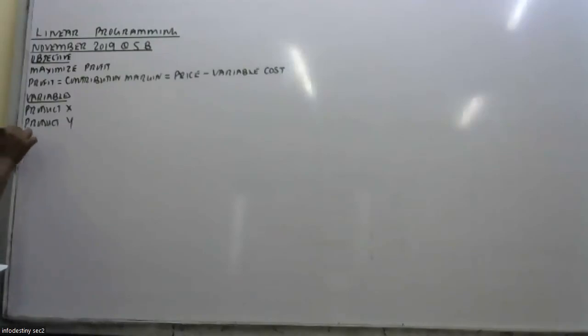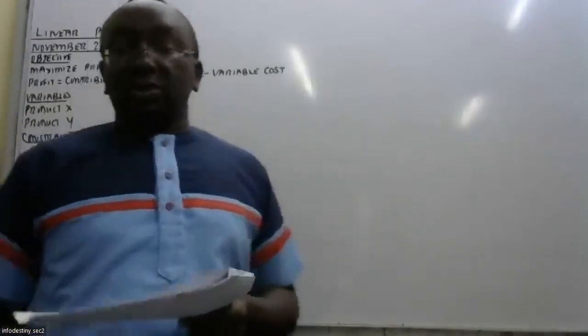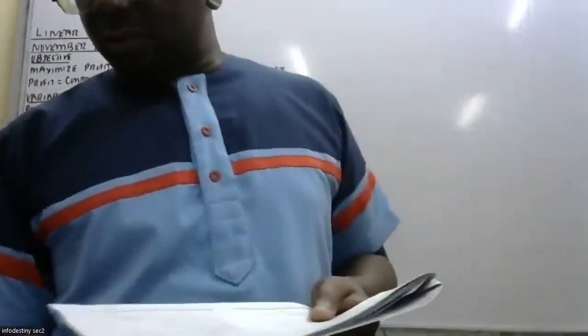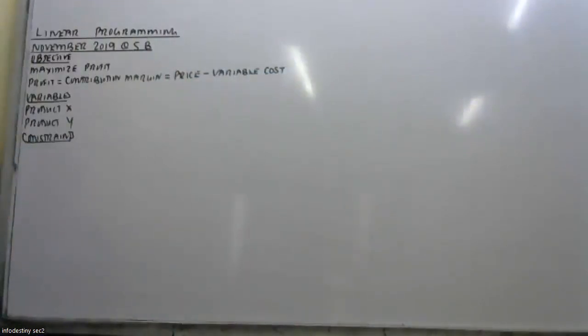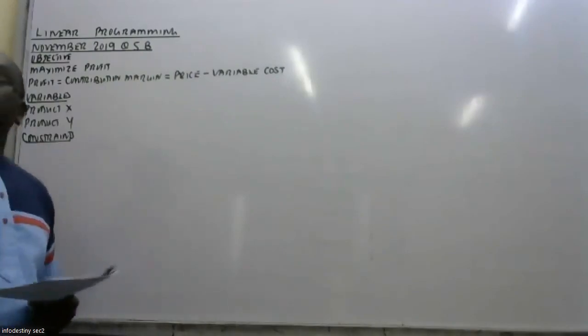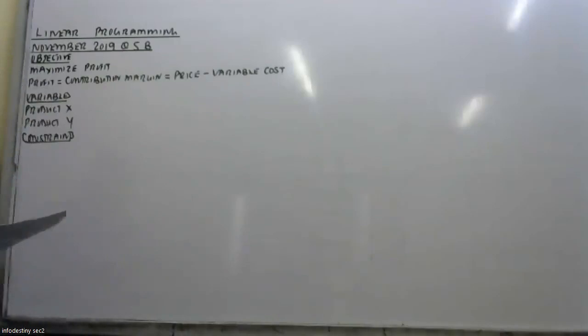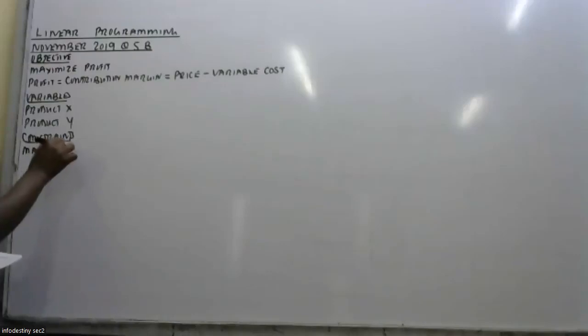The next thing is constraints. And when it comes to constraints, I've told you they are the resources, and they are the resources whose quantities have been given. So the first one is material B. Material B is 240.